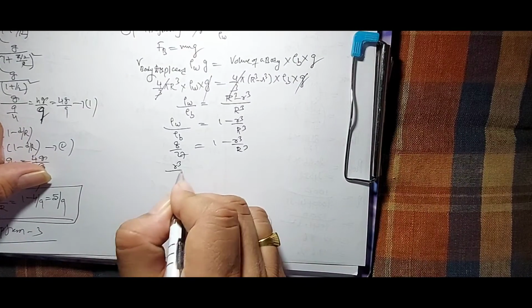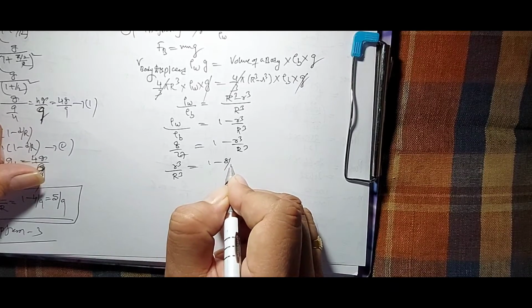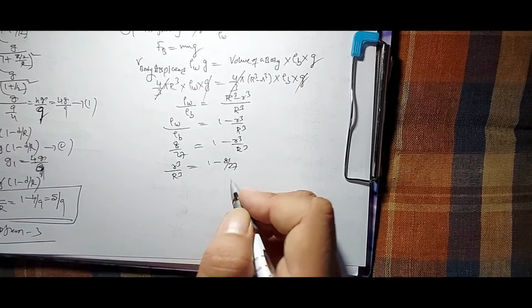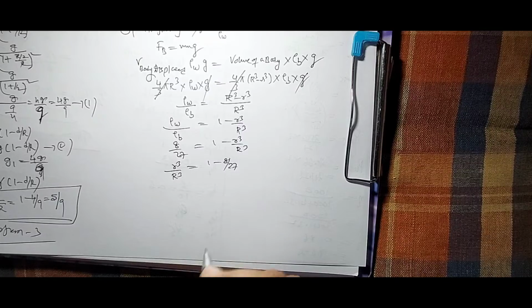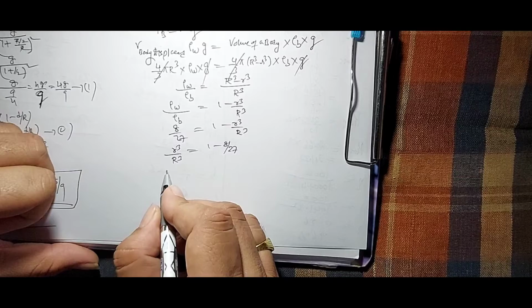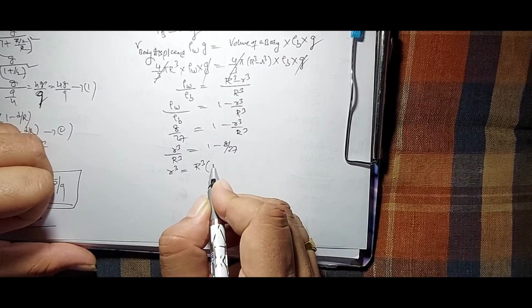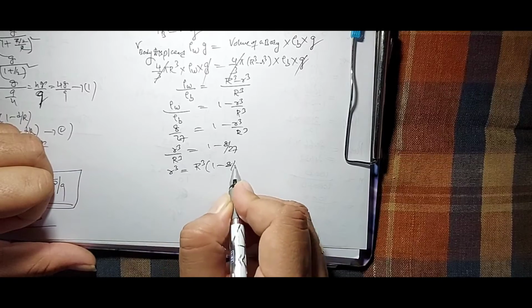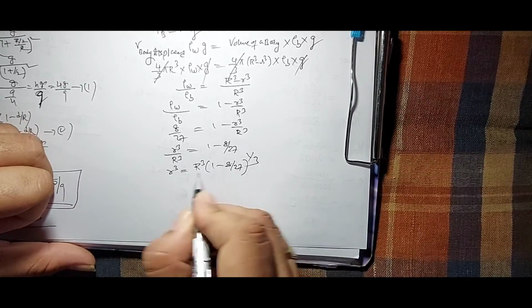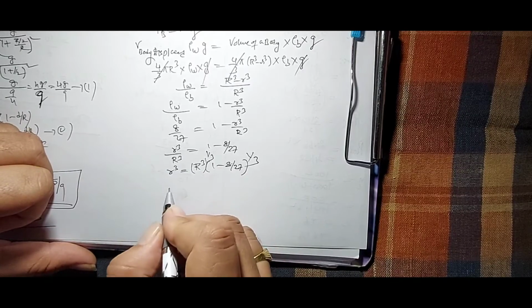So small r cube by capital R cube is equal to 1 minus 8 by 27. Now here small r cube is equal to capital R cube into 1 minus 8 by 27, whole power 1 by 3.